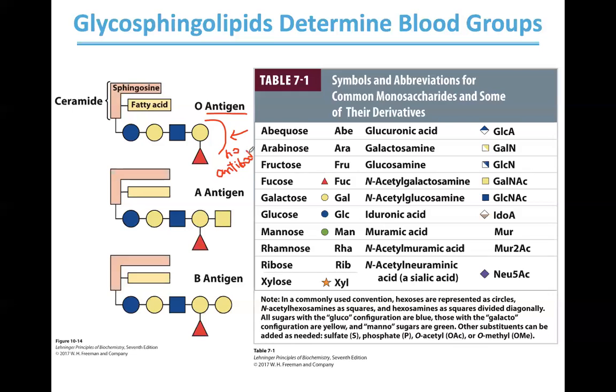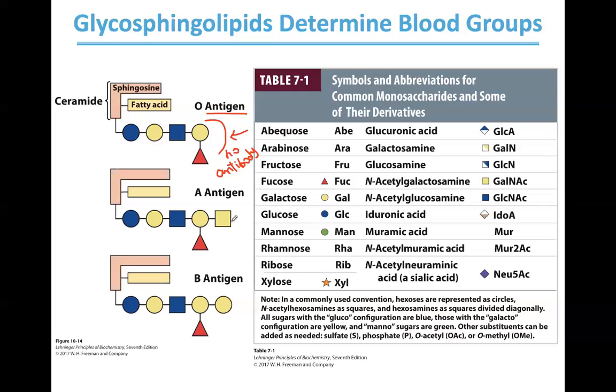If there is no antibody that will react to this antigen, then who can this person with this blood group give blood to? Everybody? Anybody, because there's no antibody against O antigen, there is no galactose, right?